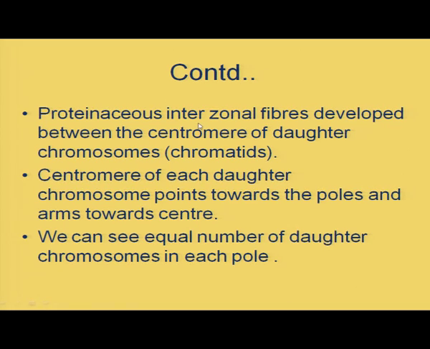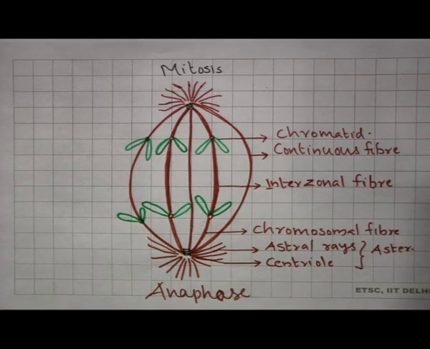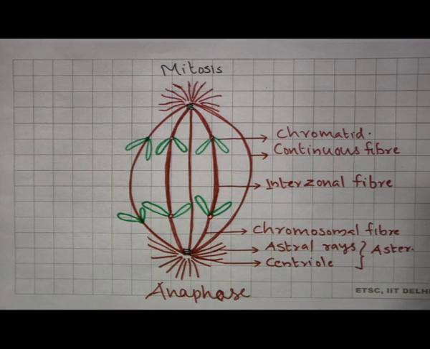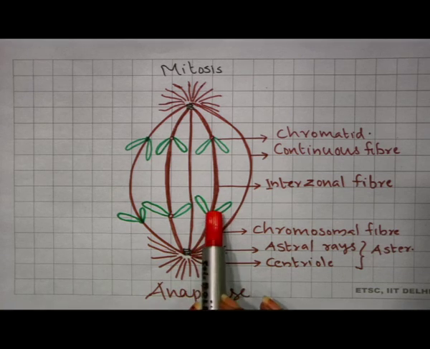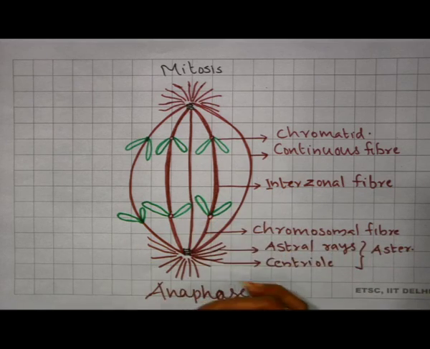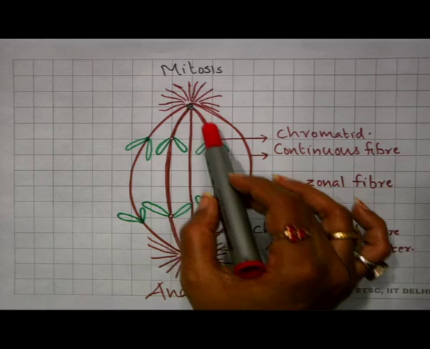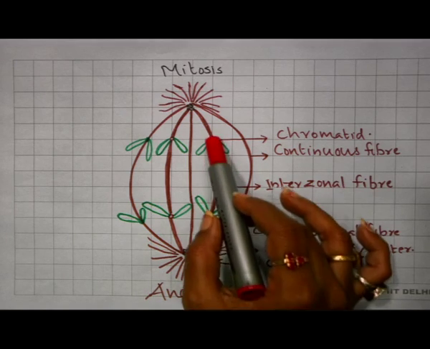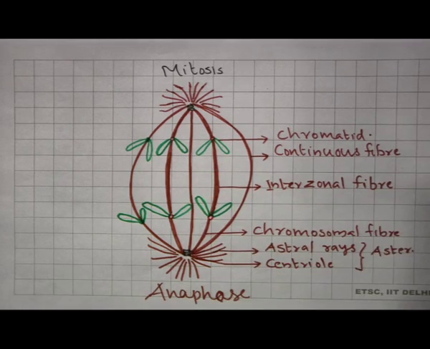Proteinaceous interzonal fibers. Here also you can see the same thing. I will show you here. What happens during the anaphase stage is the chromatids are separating and moving to opposite poles. Chromosomal fibers, spindle fibers, and here you can see the interzonal fiber.